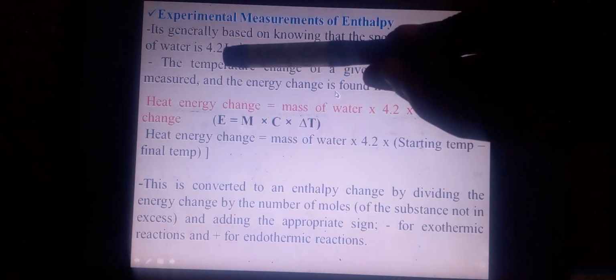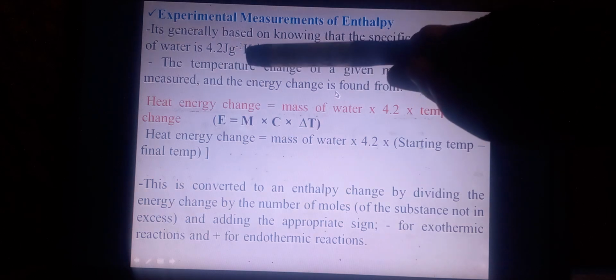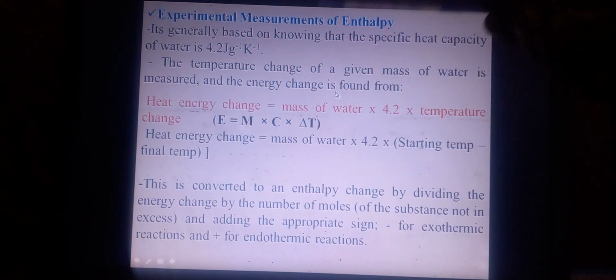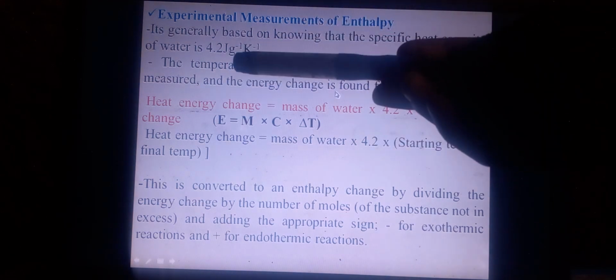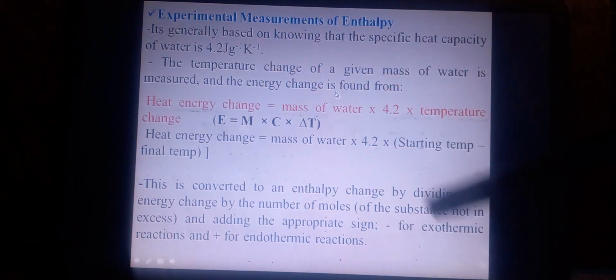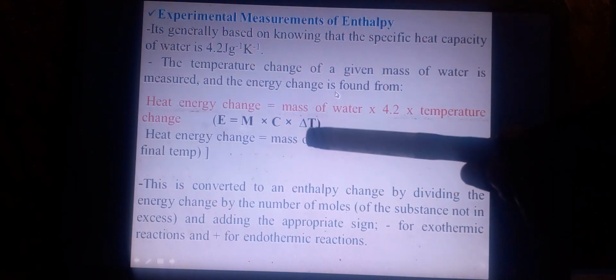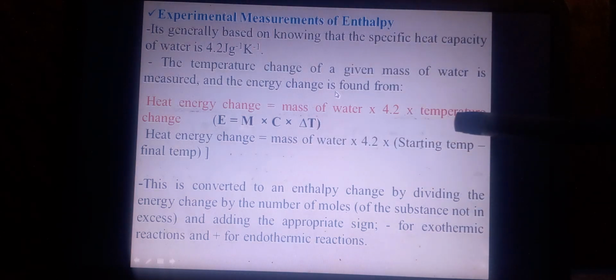It can be in kilojoules per kilogram per Kelvin, or it can be given in terms of joules per gram per Kelvin. Then delta T in that expression stands for temperature change.